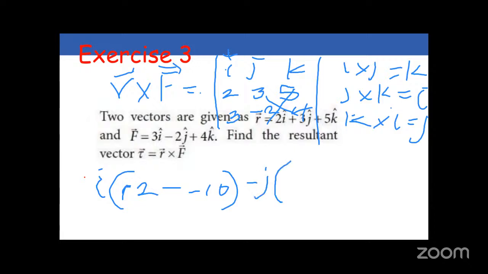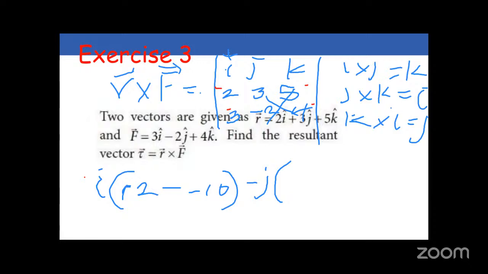So to find the J, we need to multiply K and I to get a J. So I components are 2 and 3. K components are 5 and 4. So we multiply diagonally.